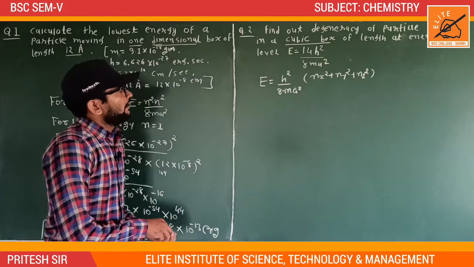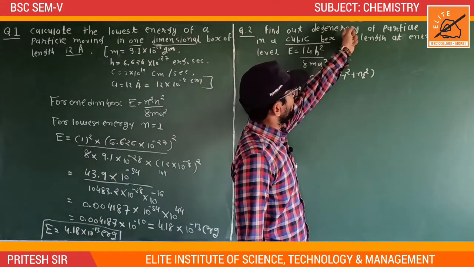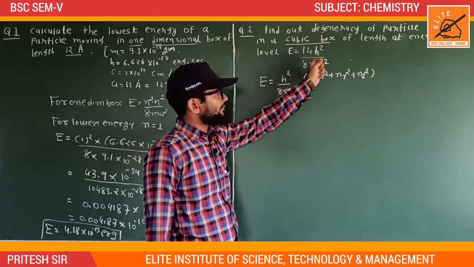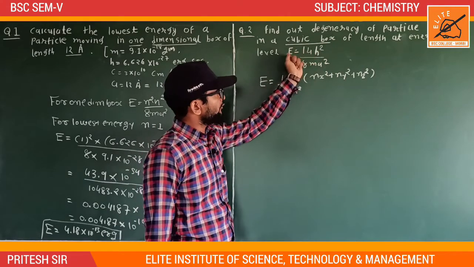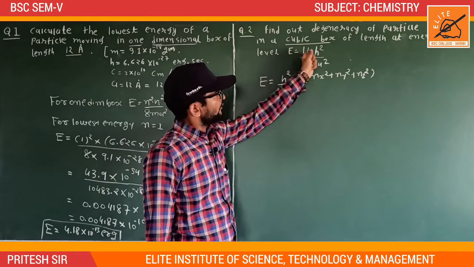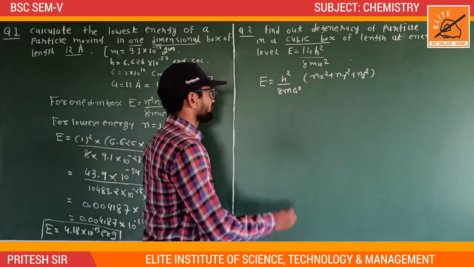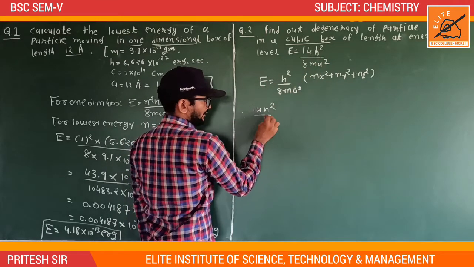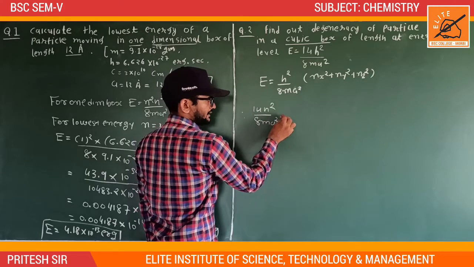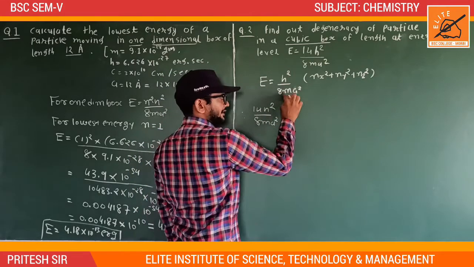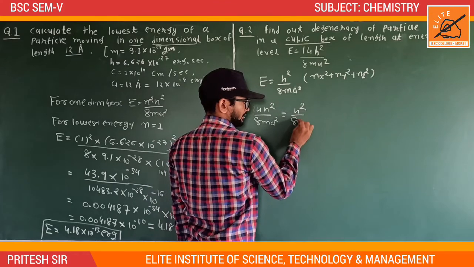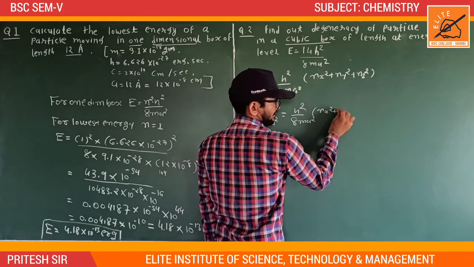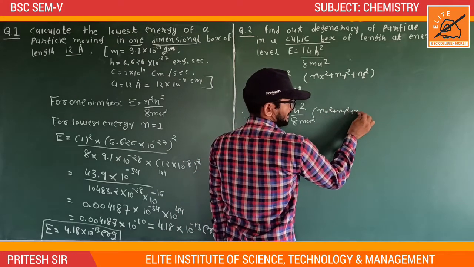We discussed this energy equation in our previous lecture. So find the degeneracy of the particle. Here the energy is given, E is equal to 14 h square upon 8 m a square. So I will put the value of E, 14 h square upon 8 m a square, equal to h square upon 8 m a square into nx square plus ny square plus nz square.